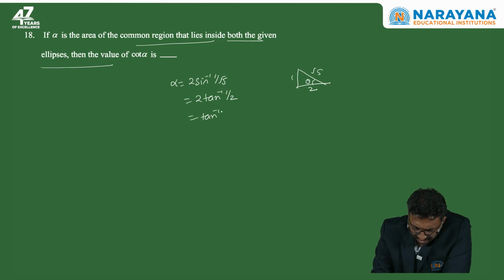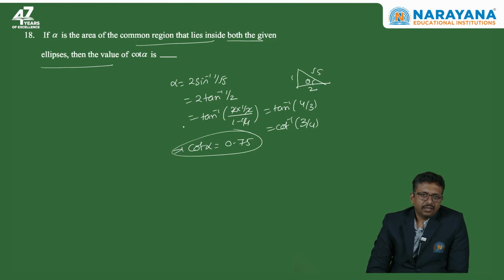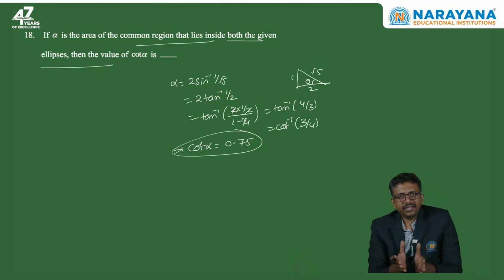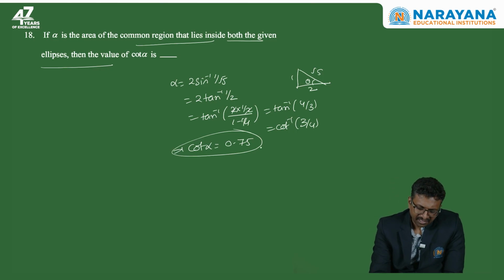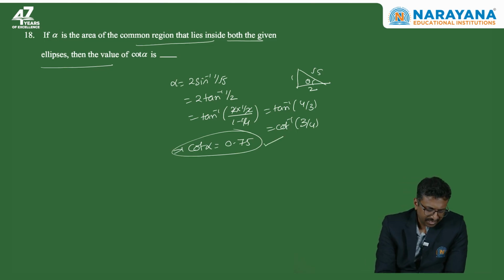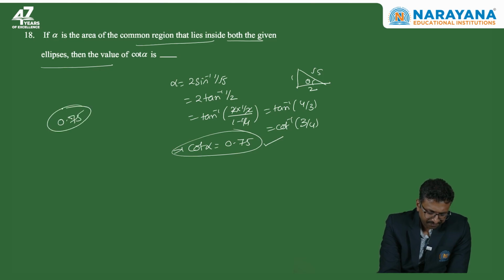So tan inverse of (2 into 1 by 2) by (1 minus 1 by 4), so tan inverse of 4 by 3, which is equal to cot inverse of 3 by 4, which implies cot alpha is equal to 0.75. So if alpha is the common area that lies in between, cot alpha is turning out to be 0.75. So that's the answer to this question.